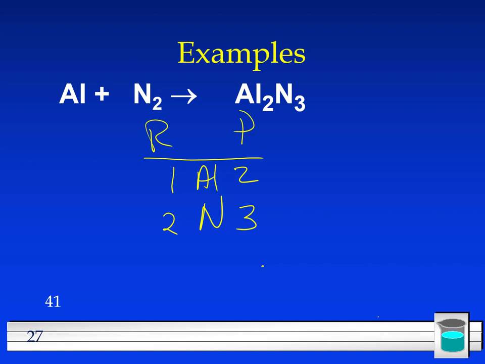On my product side, there's 2 aluminums and 3 nitrogens. Okay? Any reason to pick one to fix over the other? Not really. So I'm going to put a 2 in front of aluminum and fix that.